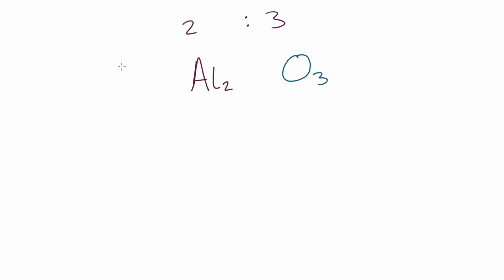It gives us Al2O3, right? Al2O3. And in this particular case, if you divide Al by 2, you will not get a whole number corresponding with the oxygen. If you divide the oxygen by 3, you don't get a whole number corresponding with the aluminum. So we can say comfortably that, yes, this is our simplest whole number ratio, right? And so therefore this is, in this case, the empirical formula.